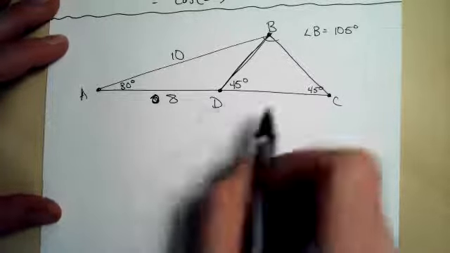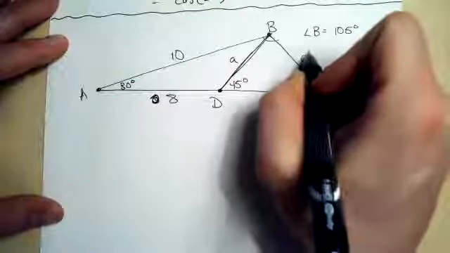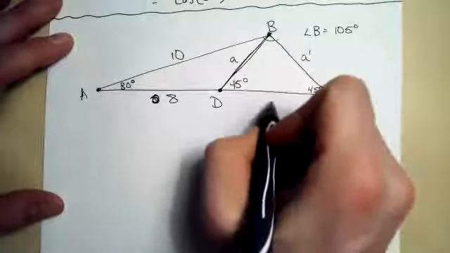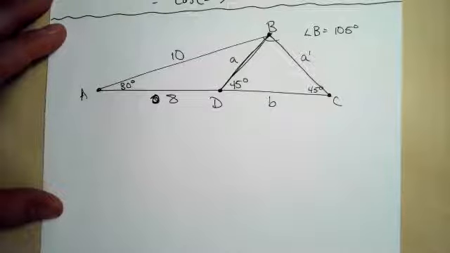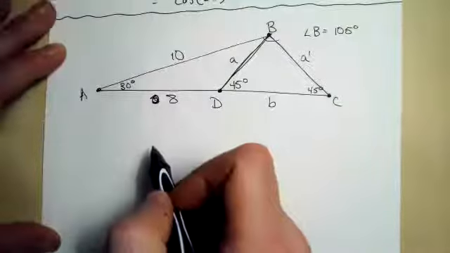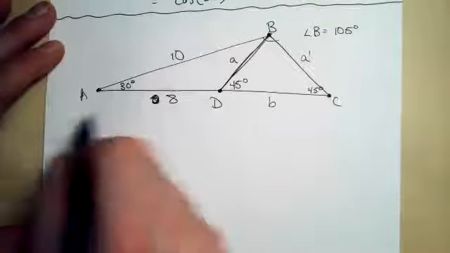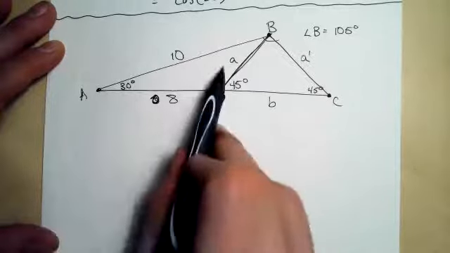So let's label the sides. Let's call this one A. Let's call this one A prime. And then let's just call this side B here that we want to find. So how do we find A? We use the law of cosines, and the A and the angle need to be opposite.